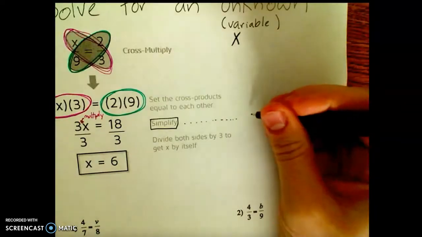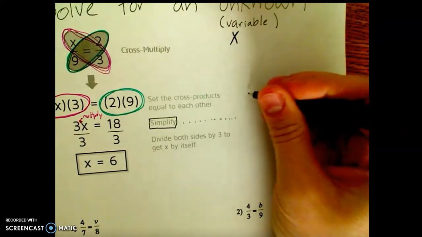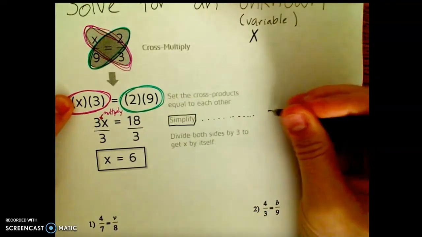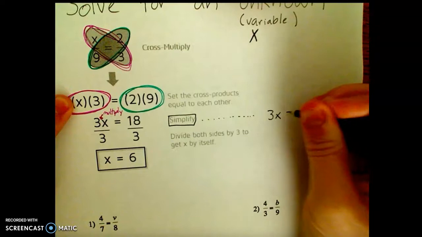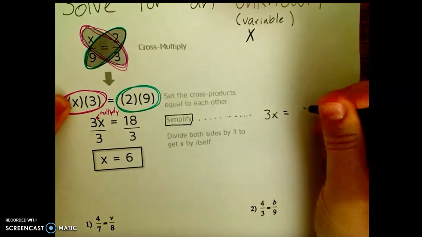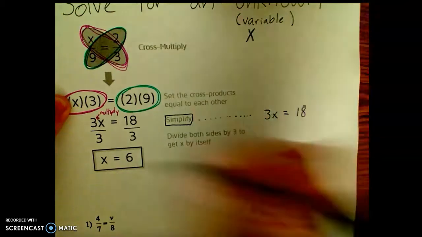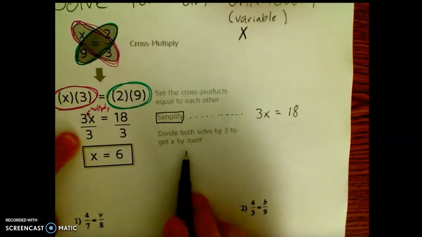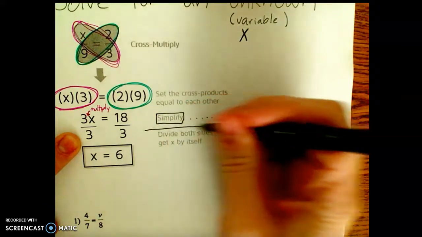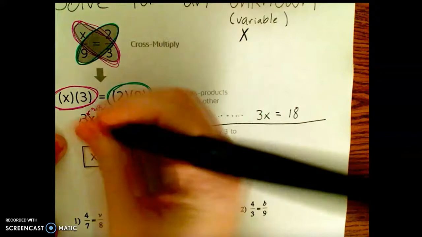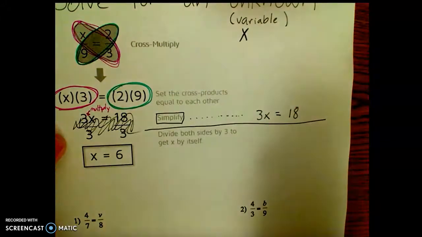If we had x times 3, we could write it 3x. And 2 times 9 is 18. This part down here is our next step. I don't want you to get those two confused. So we're going to put a separation in between the two steps, okay?